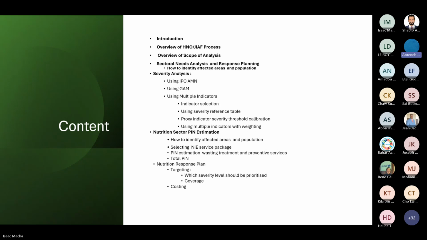This webinar is going to be about 2 hours. We'll be covering the content you see on the screen. We will be focusing on clarifying the most recently published global guideline for the humanitarian needs analysis and response planning process, which was shared by Global OCHA.